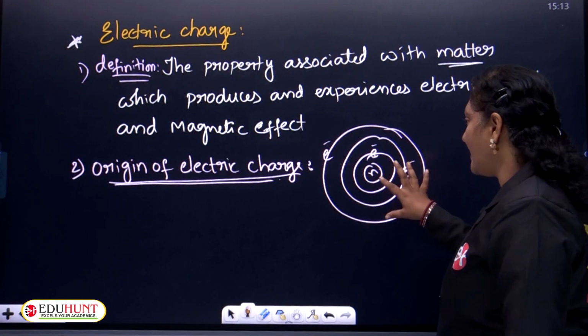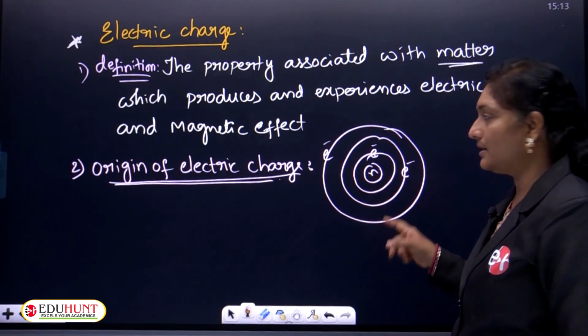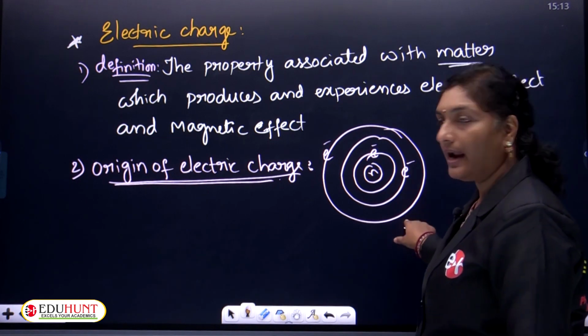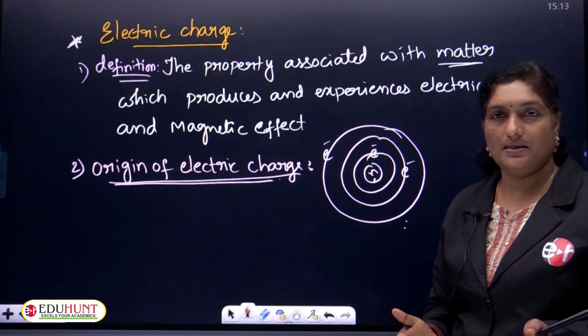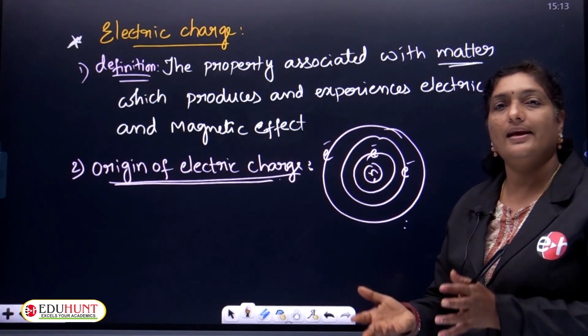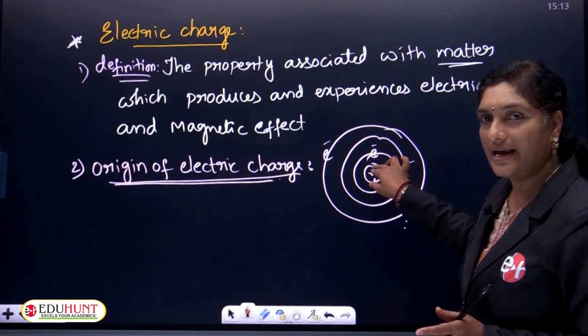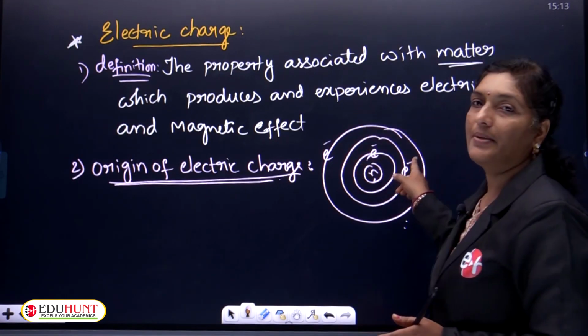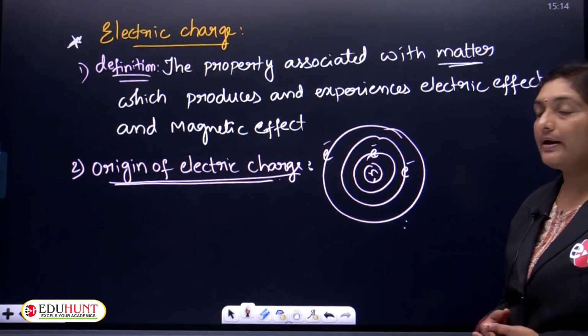Every atom consists of an equal number of electrons in its outer orbits and protons inside the nucleus. Electrically neutral means it consists of as many protons inside the nucleus as electrons revolving around its orbit. Okay.